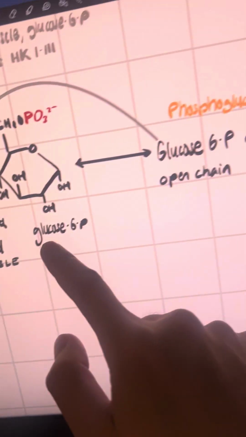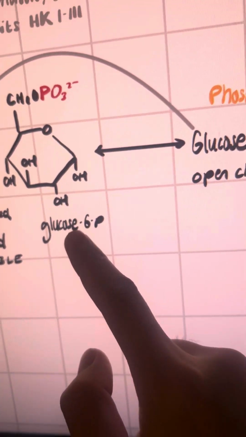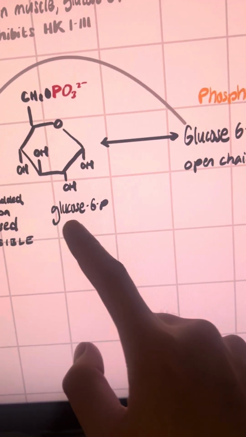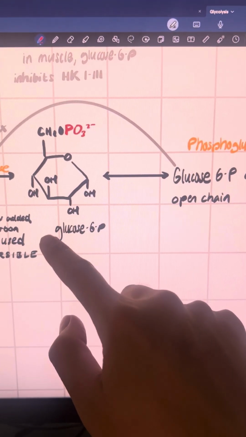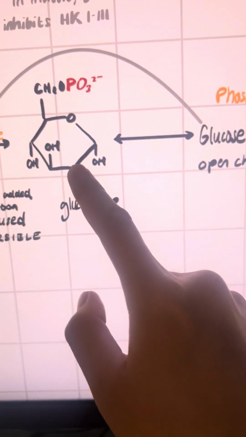Okay? Moving on. So you have glucose 6-phosphate, and you're going to isomerize to fructose 6-phosphate. So you're not changing anything besides position. You're just gonna switch some of the molecules around. But in this process, you're gonna open the chain of glucose. So right now it's a closed ring, right?